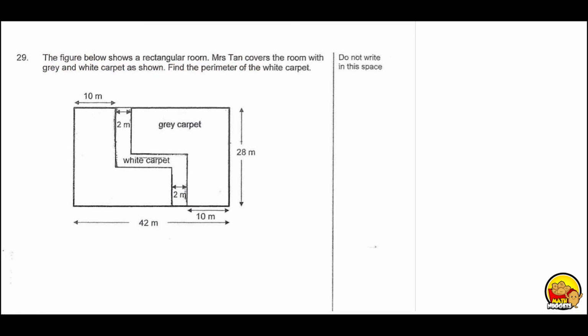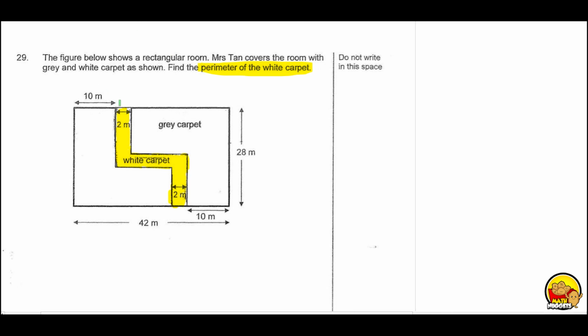Question 29, we need to find the perimeter of the white carpet. So we need to find the perimeter of this yellow part here. Now how do we do that?